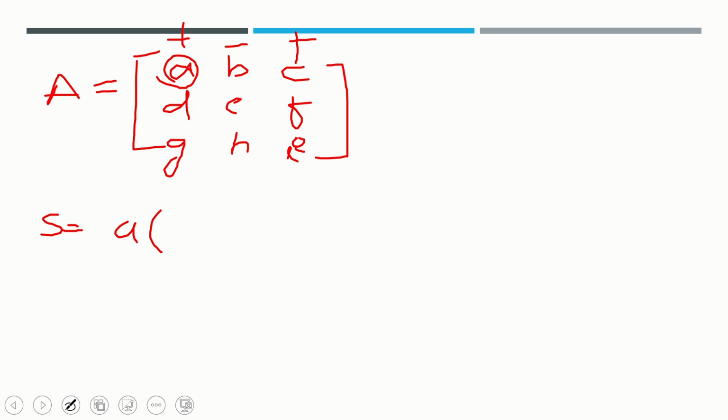But here what you have to do is take these cross elements. First take the upper left to lower right corner elements, and add these two elements.